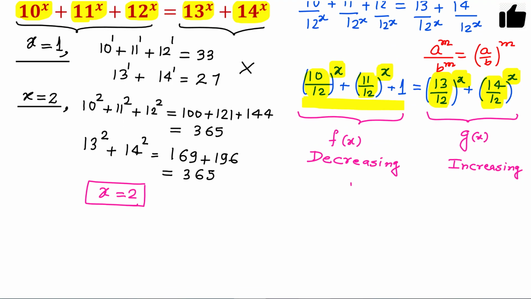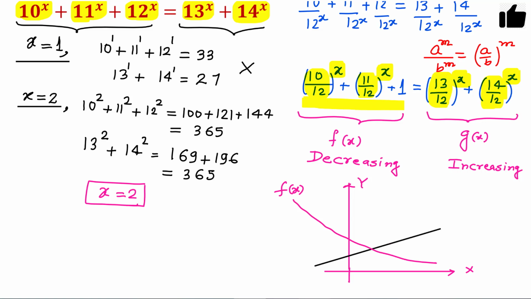Let us say this is your y-axis and this is your x-axis, and f(x) and g(x) both are positive. f(x) is a monotonically decreasing function, so this is your f(x). And g(x) is a monotonically increasing function, so this is your g(x).